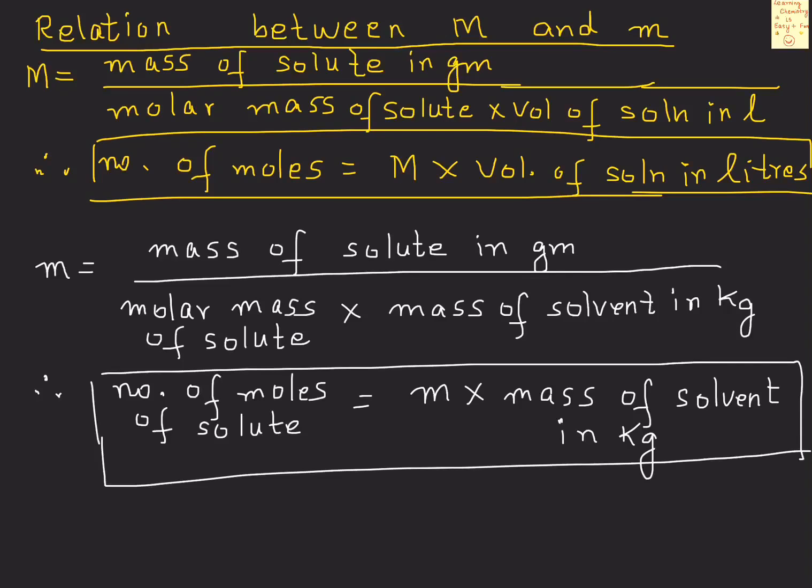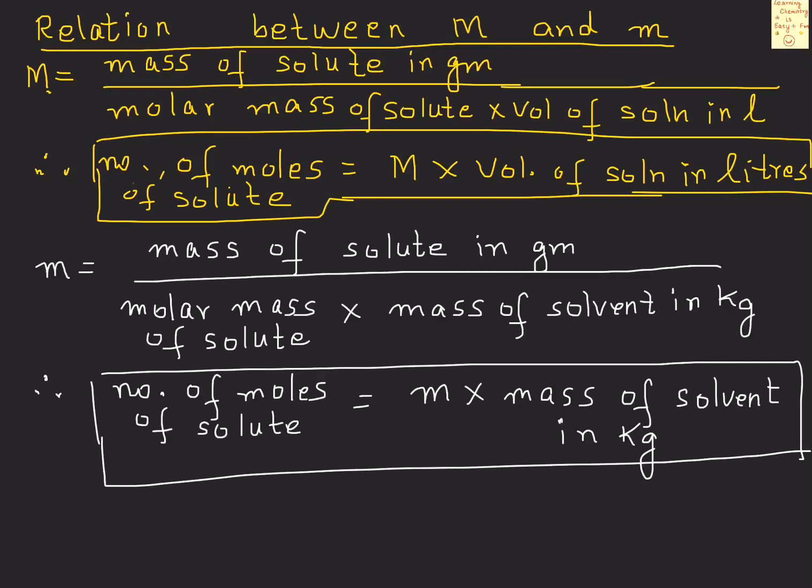Number of moles of solute, right? I have missed out the solute part in it. You can probably correct it. So this is number of moles of solute is M into volume of solution in liters. Simply molarity multiplied by volume of solution in liters. Correct? That is our first formula.